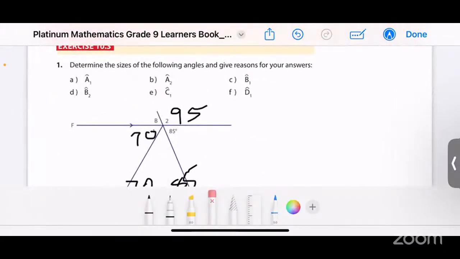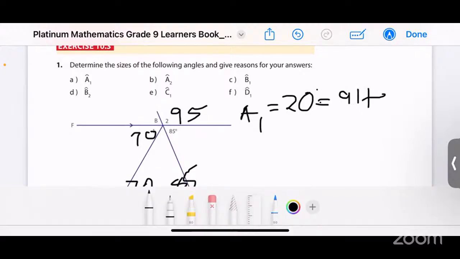A1. Let me start from here. We said A1 is 20 degrees. Reason, we said alternate angles. We have formed alternate angles. Ne? And then we moved to A2.